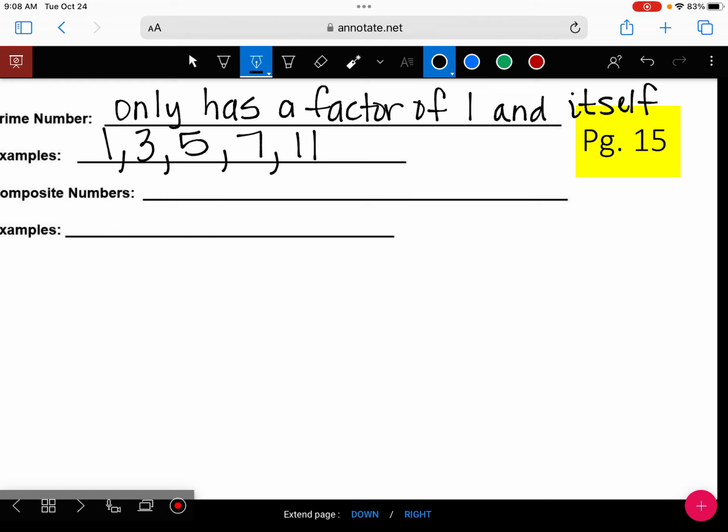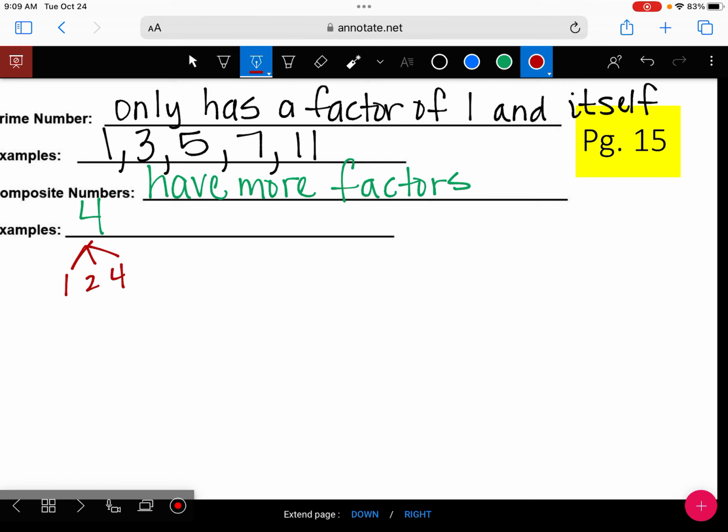Composite numbers have more factors. So for example, 4, because you can divide 4 by 1, 2, and 4.